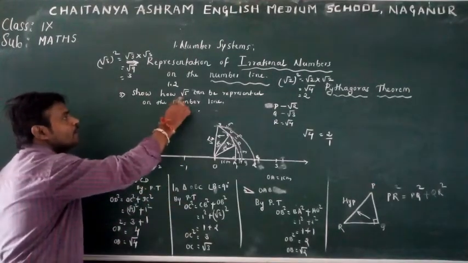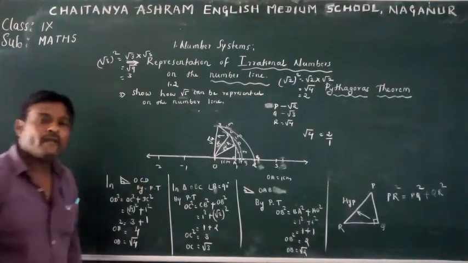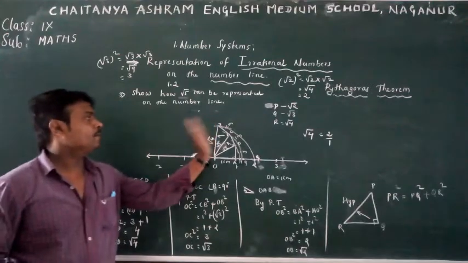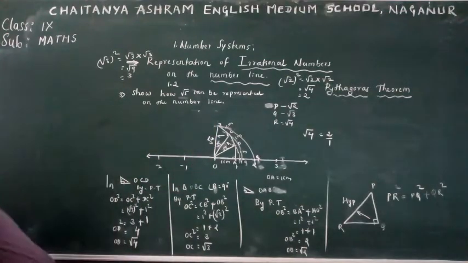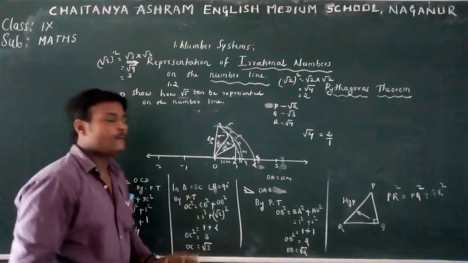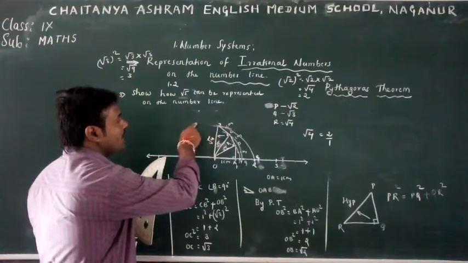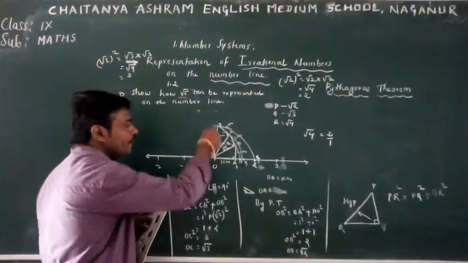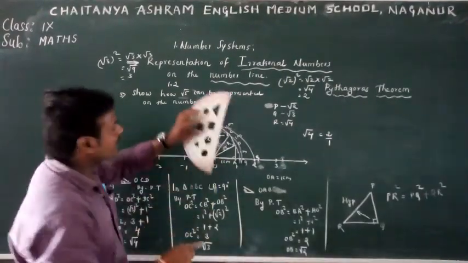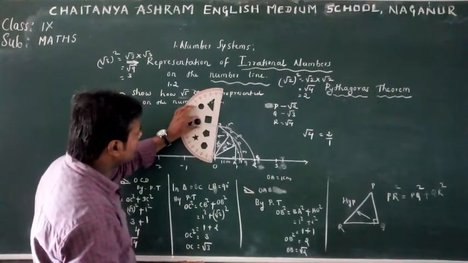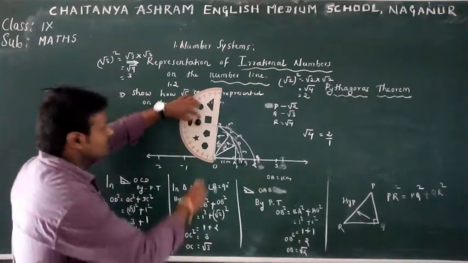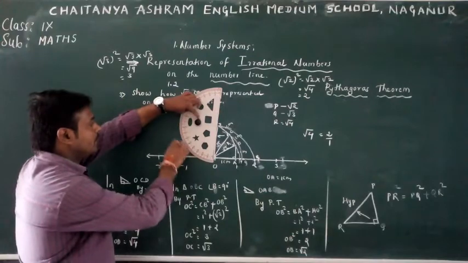Done. Now we can represent root 5 on the number line with the same procedure. So what is that procedure? Take a compass and a protractor. From D, draw a line perpendicular to OD with the help of the protractor. Its length should be 1 centimeter. This is the baseline: 0, 80, 90.